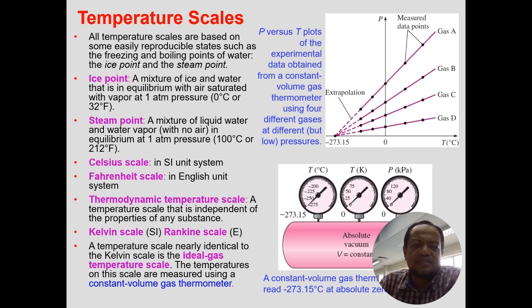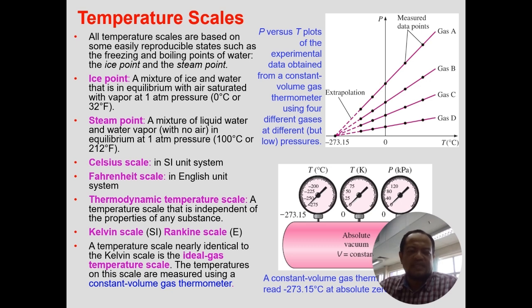The ice point is a mixture of ice and water that is in equilibrium with air saturated with vapor at 1 atmosphere pressure, which is 0 degrees C or 32 degrees Fahrenheit. The steam point is a mixture of liquid water and water vapor with no air in equilibrium at 1 atm pressure, meaning it is 100 degrees C or 212 degrees Fahrenheit. This is the ice point at 0 degrees and the steam point at 100 degrees C.